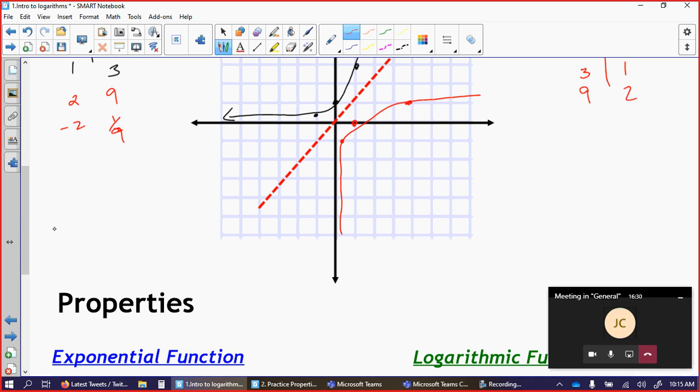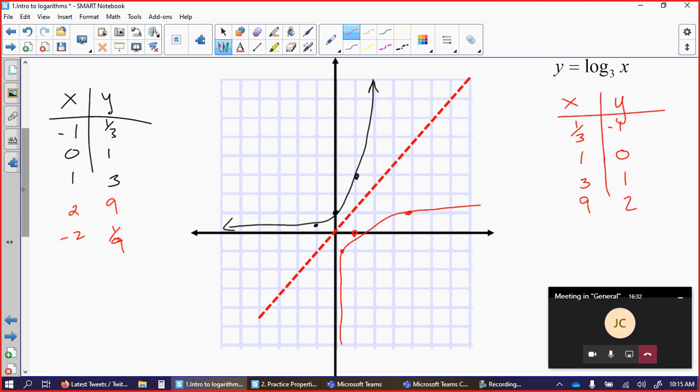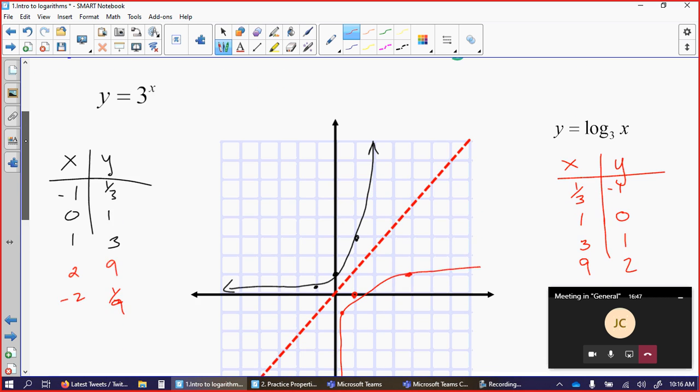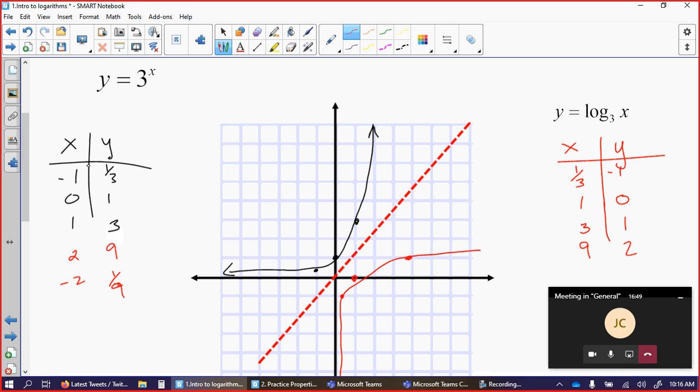Mr. McKay, I have a question about what you just did up there. I always get confused. How do you know to put the 1/3 and then start your x and y? So when you're doing any exponential function for your base graph, when we did trig, we did 0, 90 degrees, 180, 270, and 360.